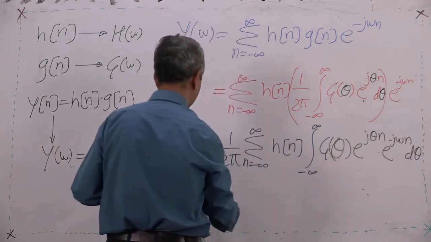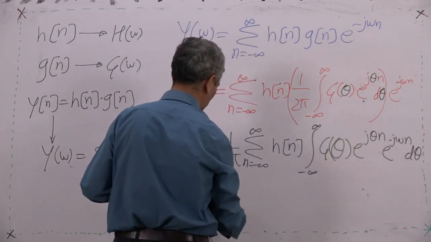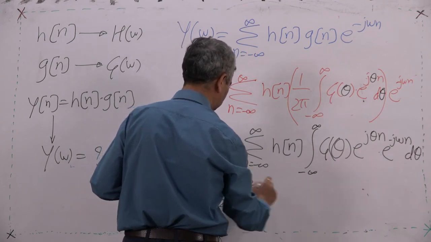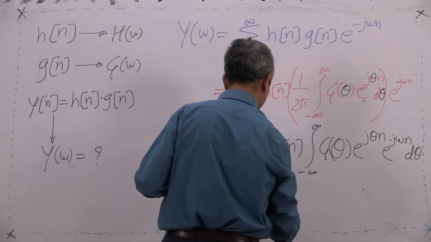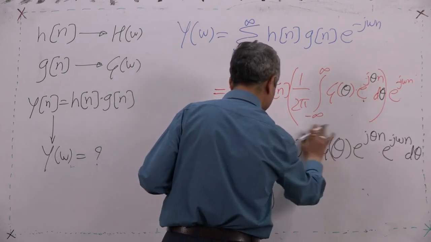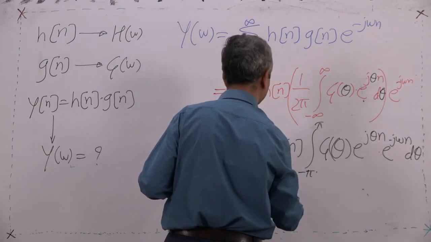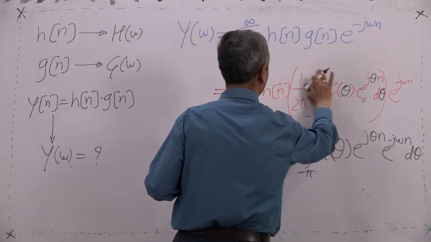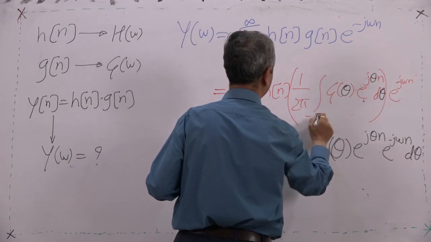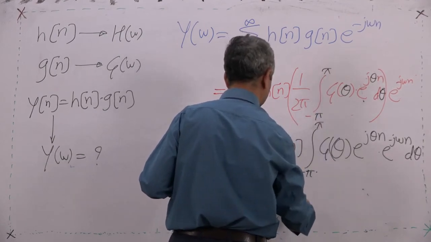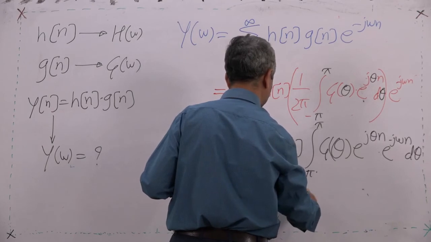So this would be, listen very carefully, 1 upon 2 pi summation over n, integration, not integral over pi, but minus pi to pi. Here also I made a mistake in writing, minus pi to pi, g theta.